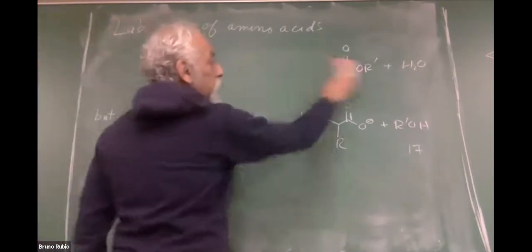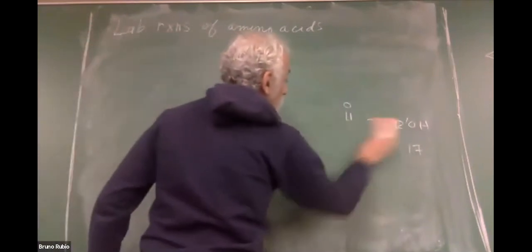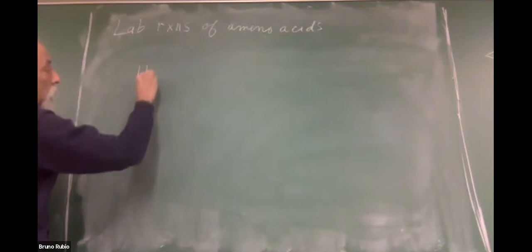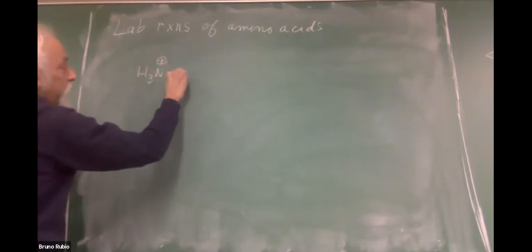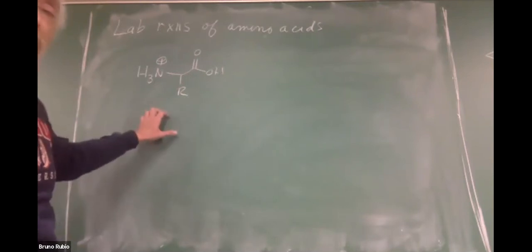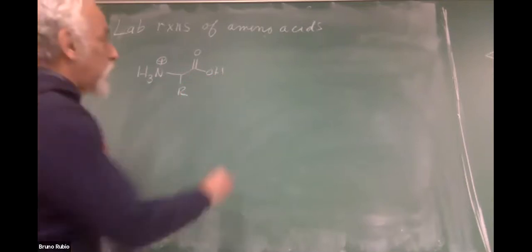Okay, so let's look at some more acyl substitution setups. So if we have, right, there's our amino acid at low pH. And now let's raise the pH so that this proton goes away.